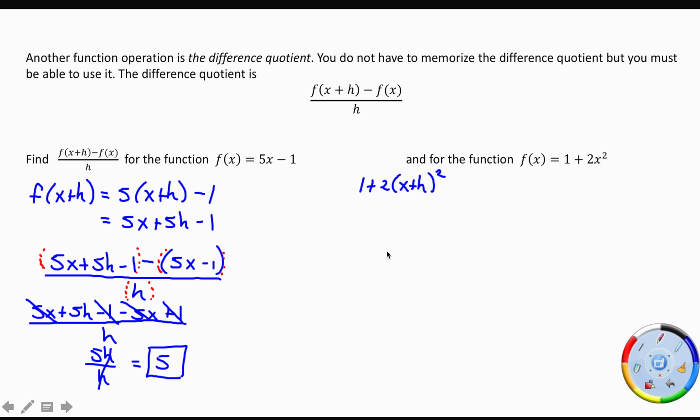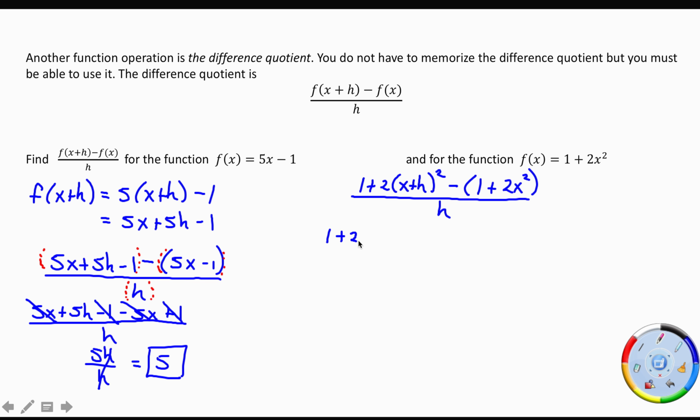There's f of x plus h. Minus f of x, so minus the entire function f of x, all over h. There it is. I just need to simplify it.